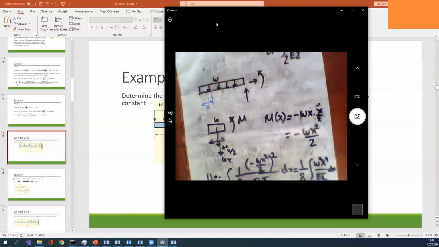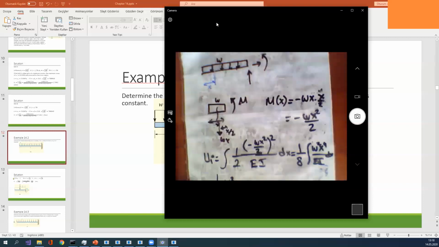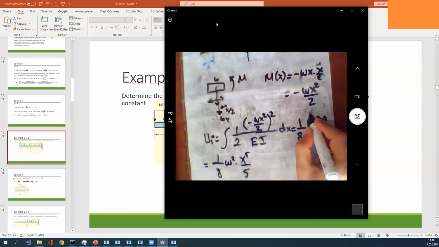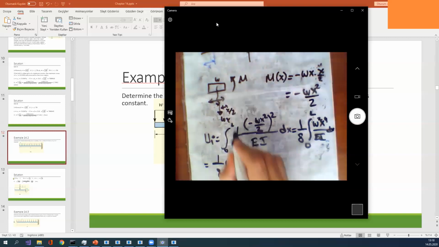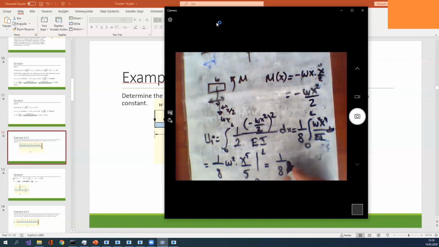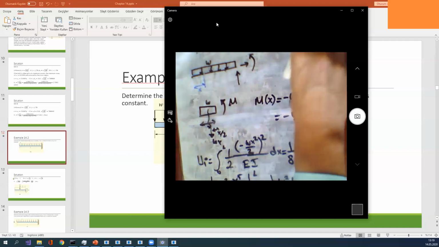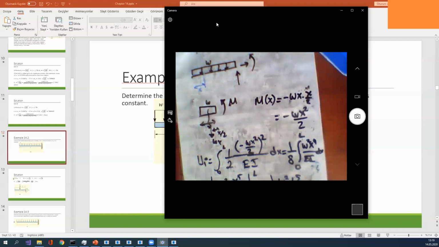The integration of x to the power 4 is x to the power 5 divided by 5, integrated from 0 to L. If I put this, 1 over 8 times omega squared L to the 5 over 5, 8 multiplied by 5 is 40, and we obtain omega squared L to the power 5 divided by 40. This is our result.